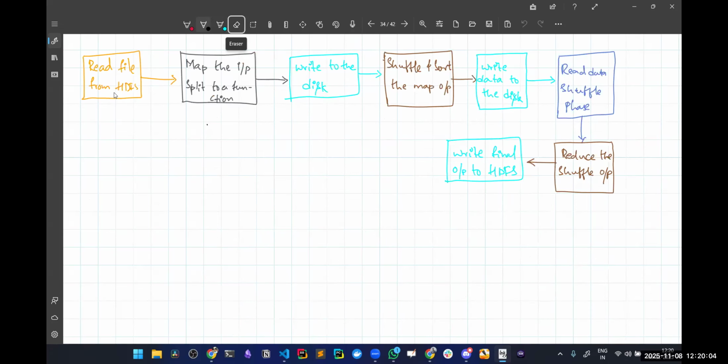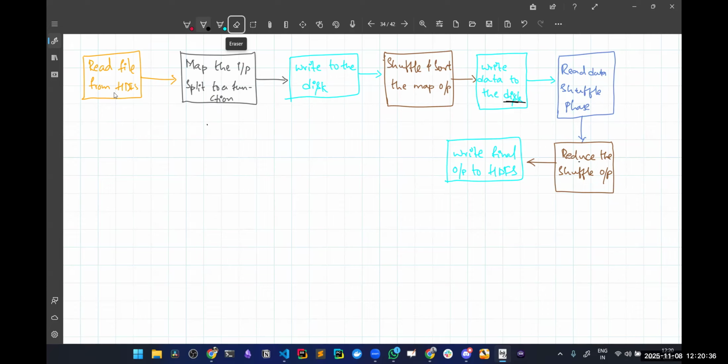Okay. So this is basically the diagram of all the phases that a single MapReduce job has. We read a file, we map the input and split it. We write the intermediate output of the map phase to a disk. Again, shuffle and sort happens, and again it will write to disk. That will be read by your reduce phase, and the final output will be written to HDFS.